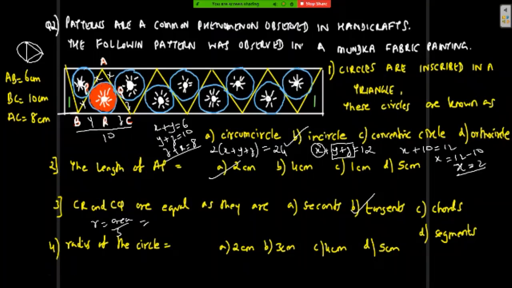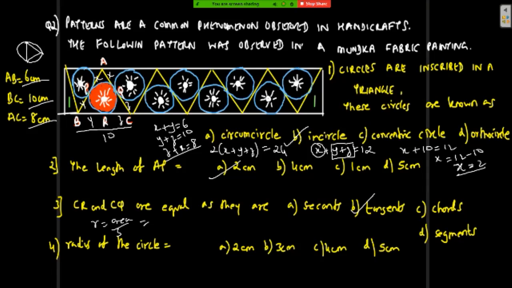So what is the area of a triangle? This is 6, this is 8 and 10. Can you tell me what type of triangle is this? Right triangle, sir. Correct, because these are Pythagorean triplets, isn't it?